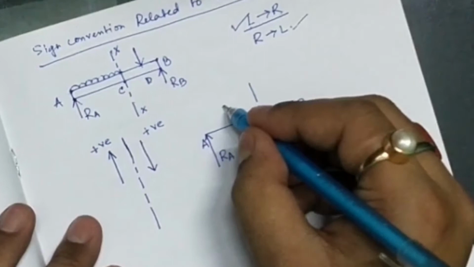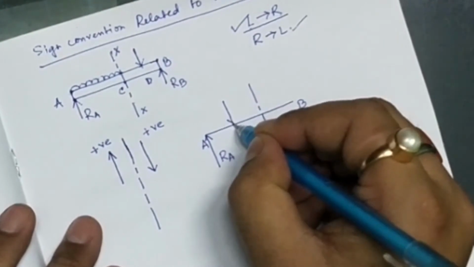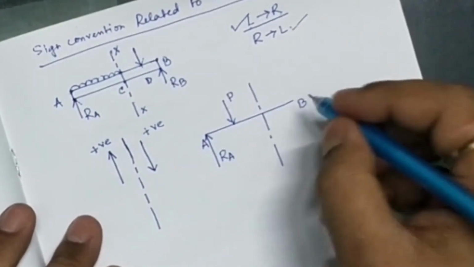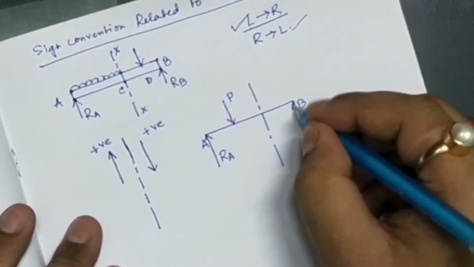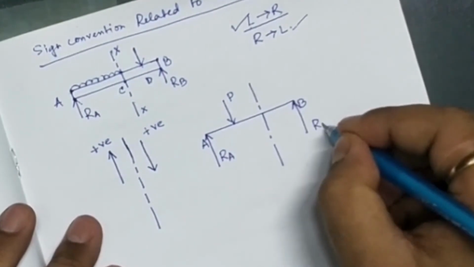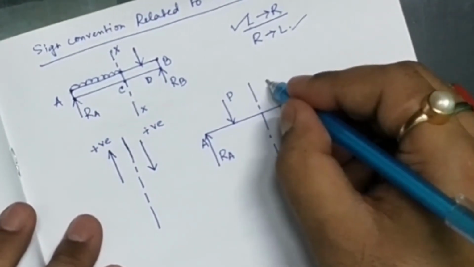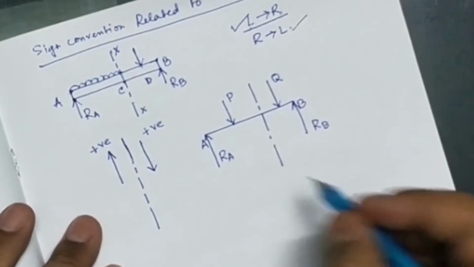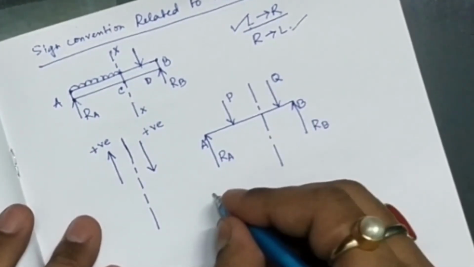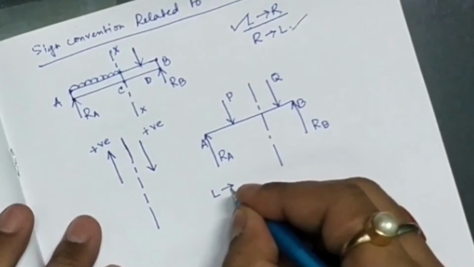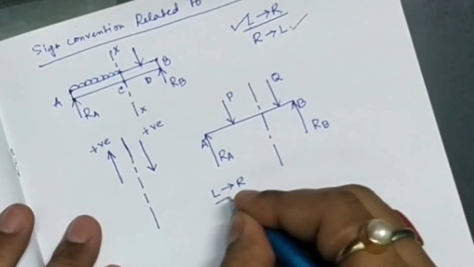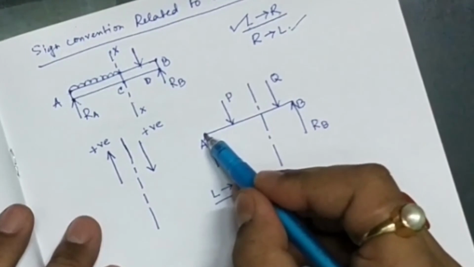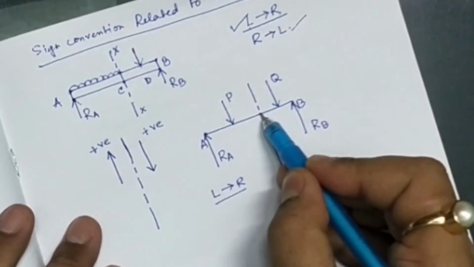Another force is acting, suppose this is P force, and we have another force here, RB, and another force here, which is suppose Q force. Now if we are moving from left to right, then obviously we are considering forces from this point to this point only for calculating the shear force.